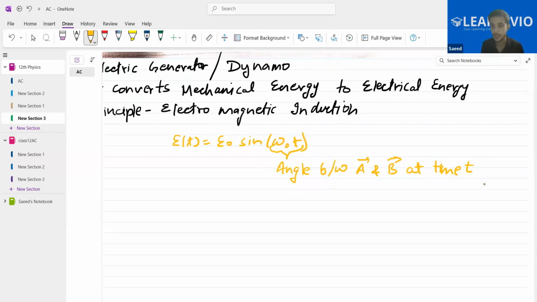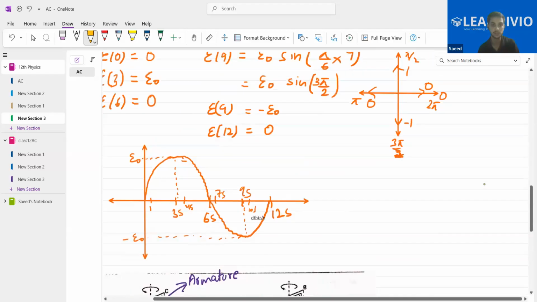Omega naught t is the angle between the area vector and the magnetic field at time t. But till now, we had taken that initially the direction of the area vector and the magnetic field is 0 or 180 degrees.